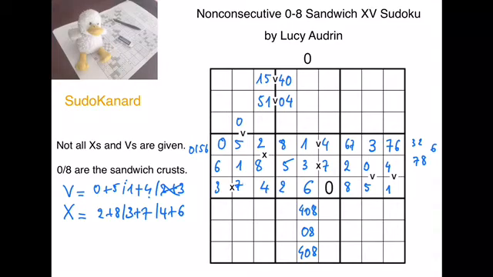And let's have a look at what the non-consecutive constraint can do for us. Those are 2, 5, and 7. This is not 2. Those must be 1, 3, 6, and 8. 6 can't go there because of this, so it has to be 1 or 3.